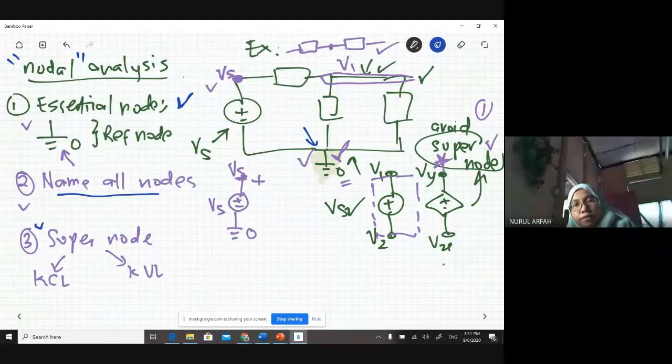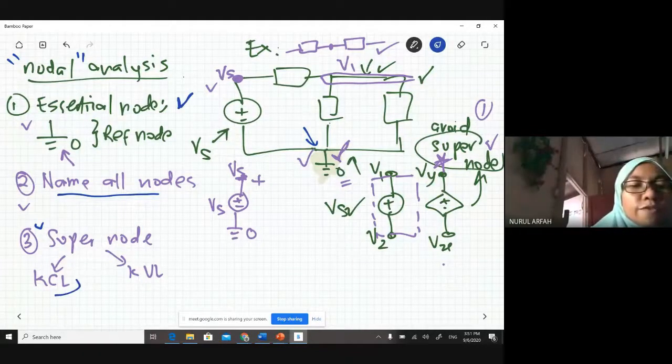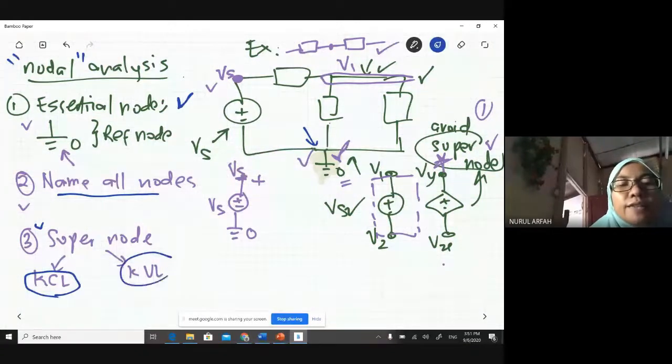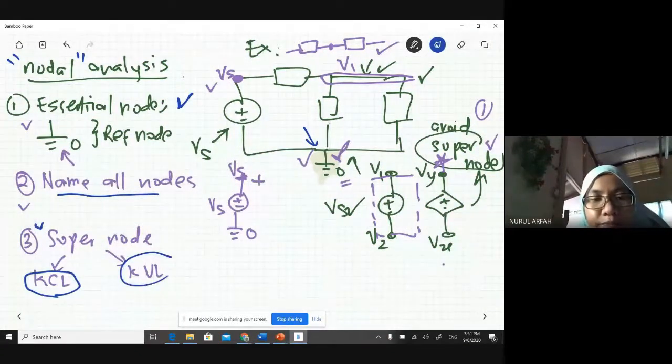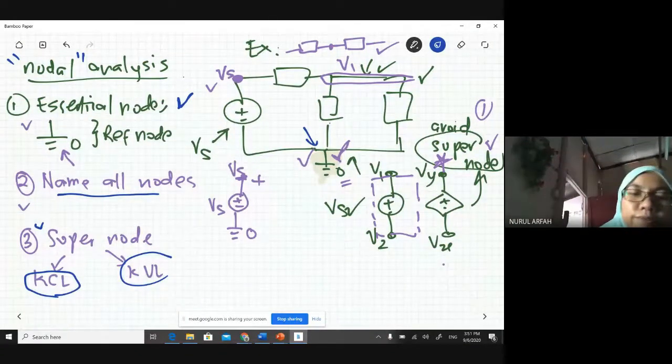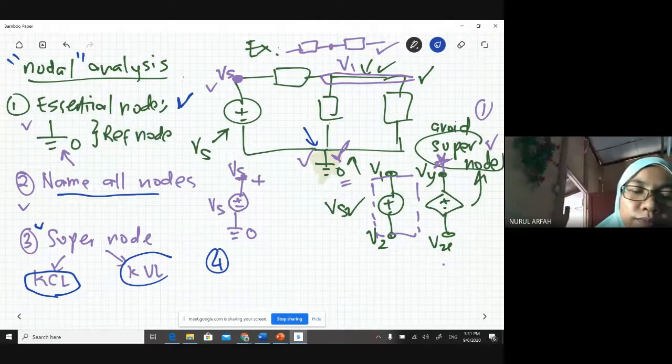If there is, then you need to apply both KCL and KVL. And fourth, give the current directions.